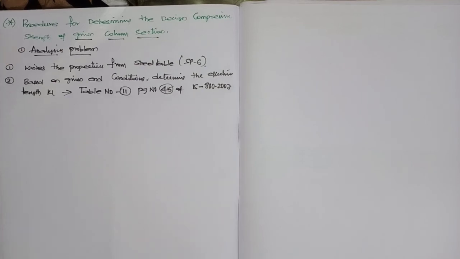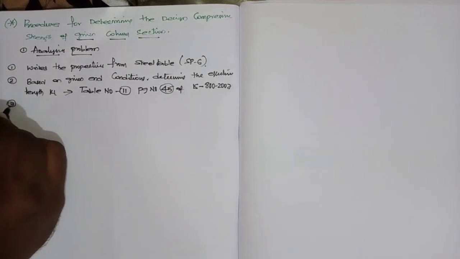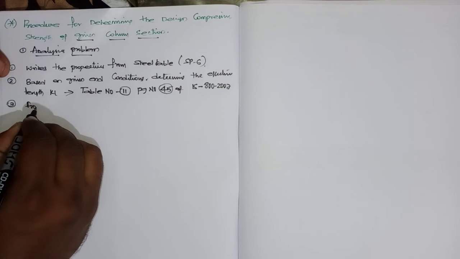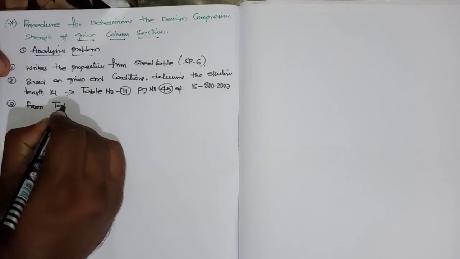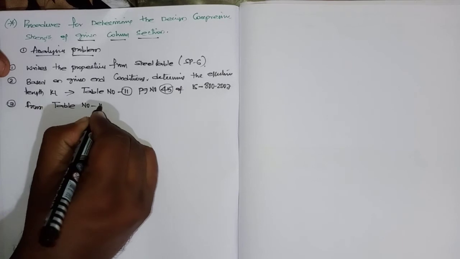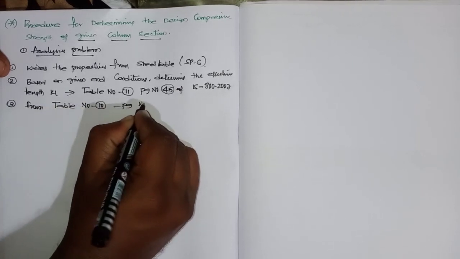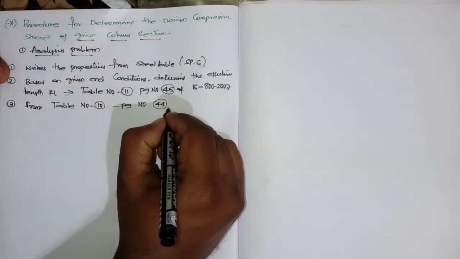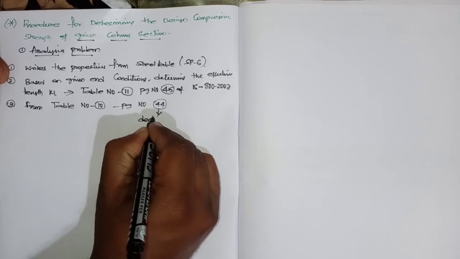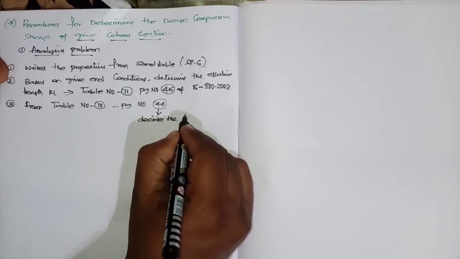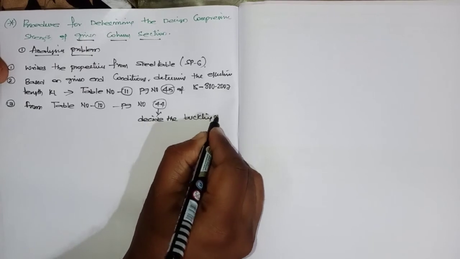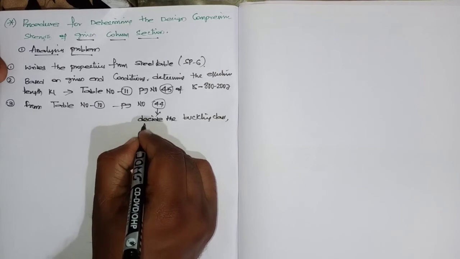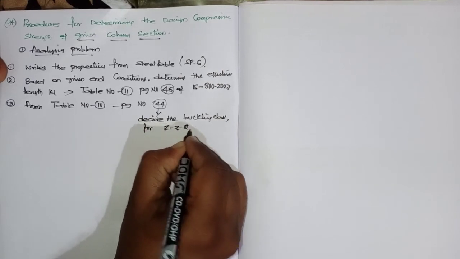Okay, next, what is the next step after calculating? From Table number 10, which is on page number 44, you have to decide the buckling class for both ZZ and YY axis.